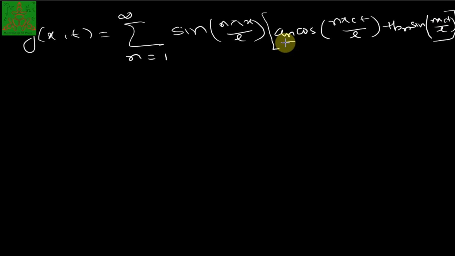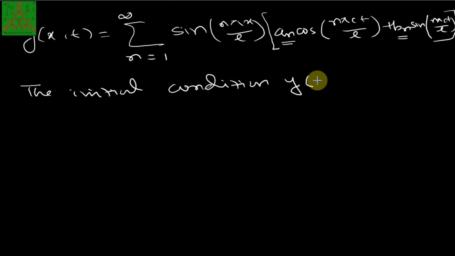Now here there are unknowns, that is an and bn, and still we have not used the initial conditions. This solution should satisfy the initial condition. Initially we are given y(x,0), that is at time t equal to 0, the displacement is f(x).